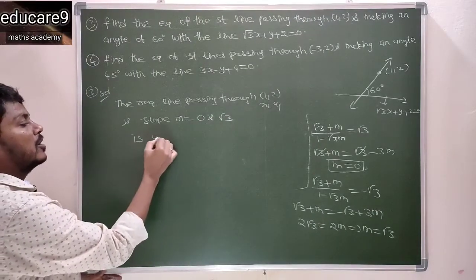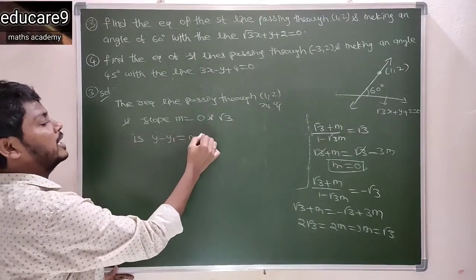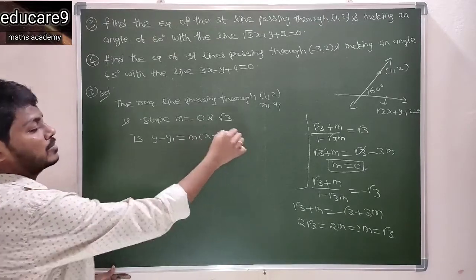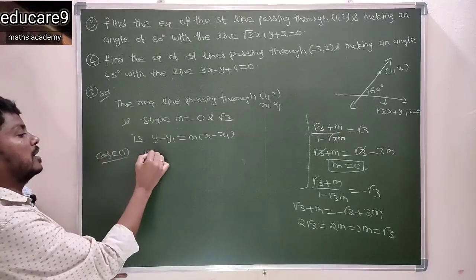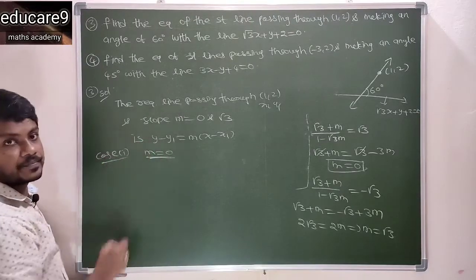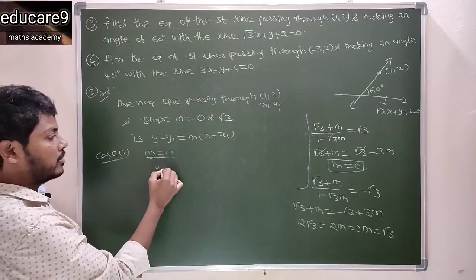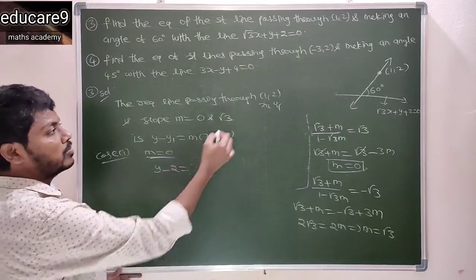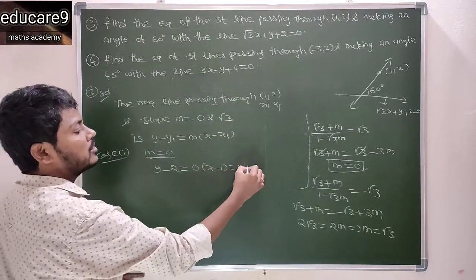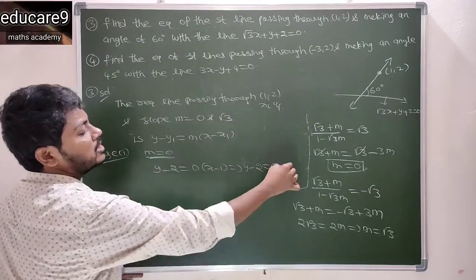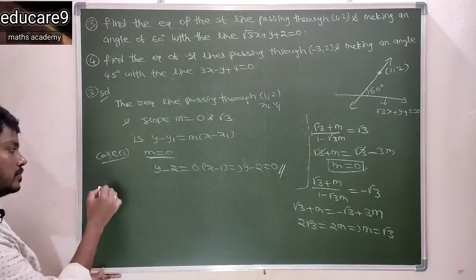The formula is y minus y1 is equal to m into (x minus x1). So first case, m is equal to 0. So clearly what you get? y minus 2 is equal to 0 into (x minus 1). So y minus 2 is equal to 0. This is one of the equations of the straight line.